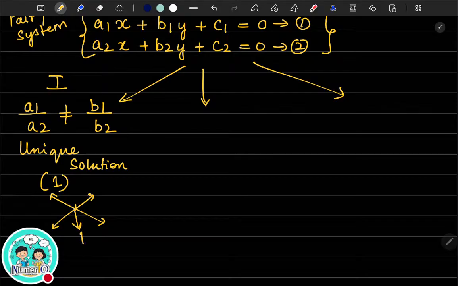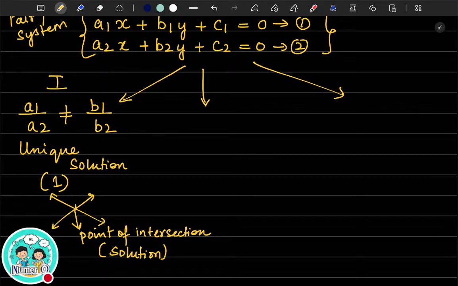Suppose this is the point of intersection, the coordinate of this point of intersection will be your solution. Is it clear? The point of intersection will be the solution of the pair of equations. So this is the first scenario that you have to remember.